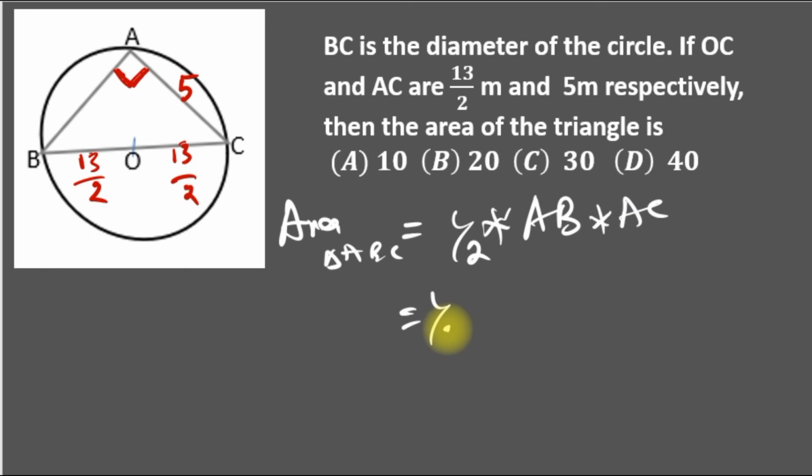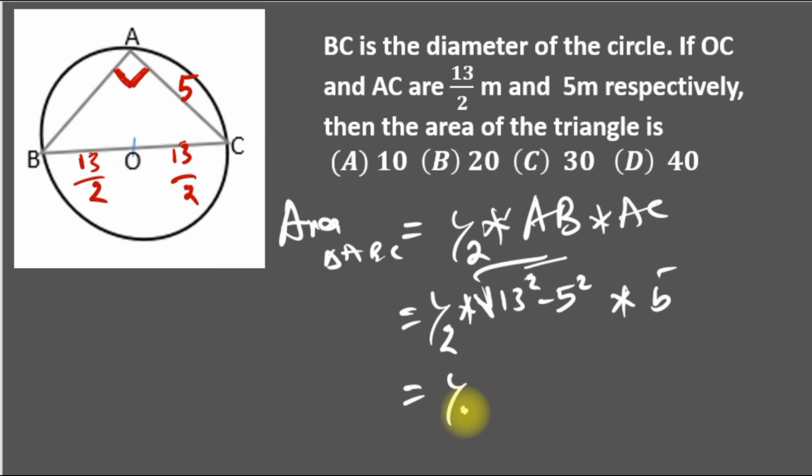We are not given AB, but we know AC and BC. Do you remember the Pythagorean theorem? So this should be the square root of 13 squared minus 5 squared. Remember, we are given the other leg, so to get this, the square of BC minus that, and AC is 5.